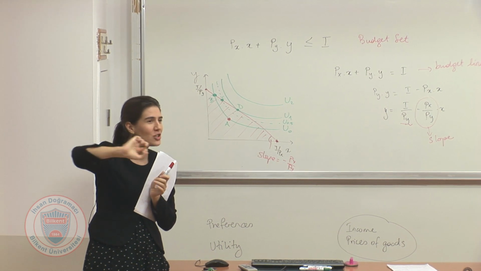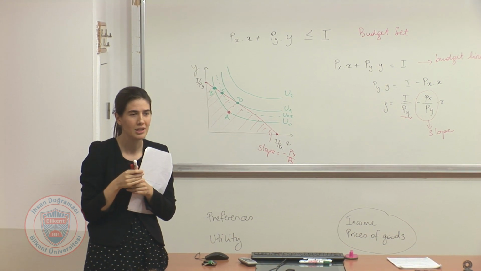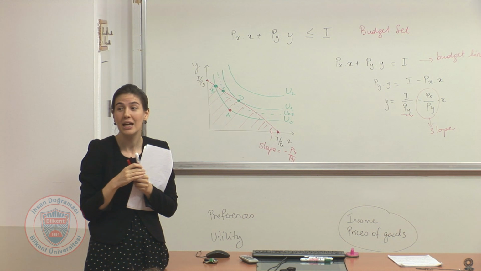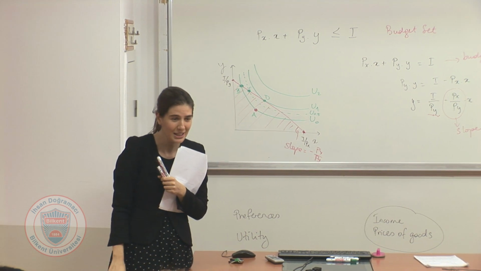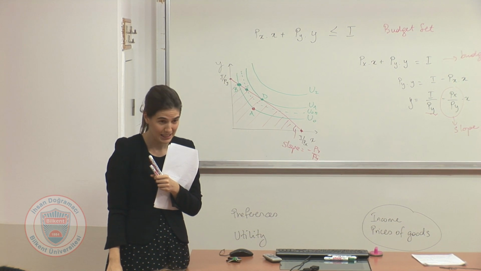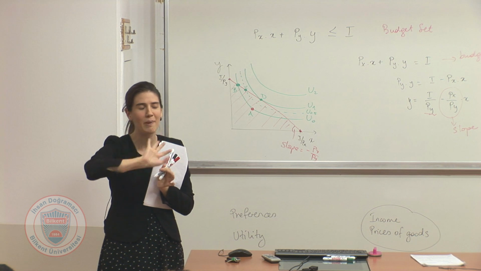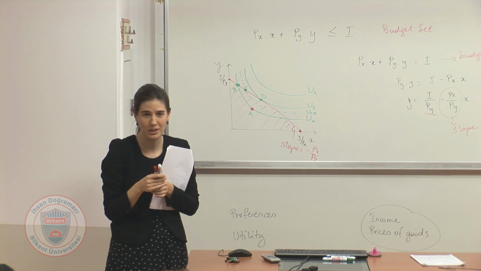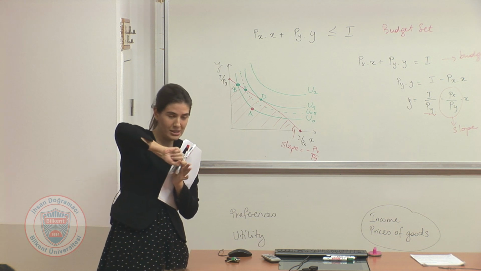But what does tangency mean? Feasible and maximum utility in that feasible set. But still, forget about the utility in math. What does tangent mean? Intersection, or it just touches, right?